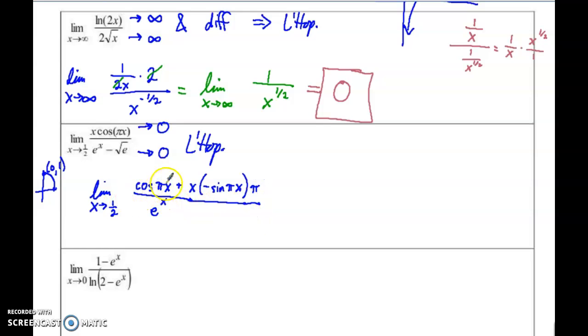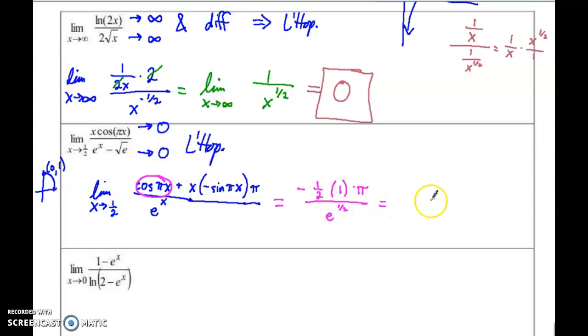As we look at this, the nice thing is we already did the preliminary work on this. That cosine of pi times 1/2 is 0. So then doing the next one, I believe we will get an answer: negative 1/2 sine of pi over 2, which is 1, times pi, all over e to the 1/2 power.